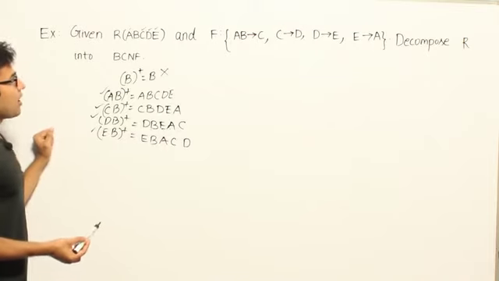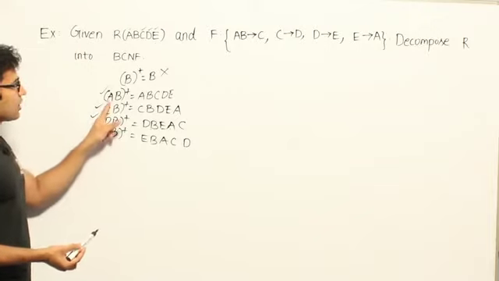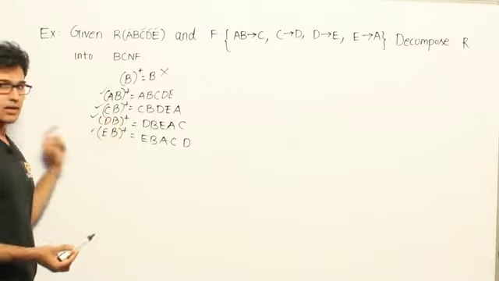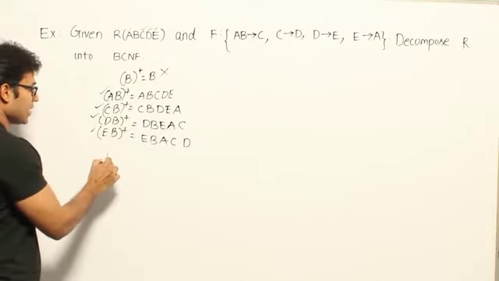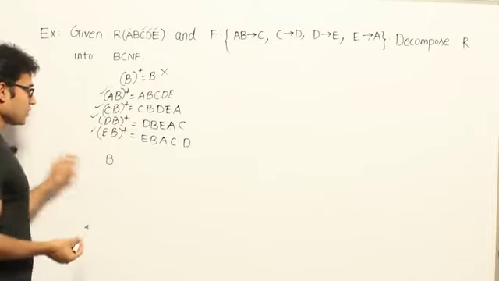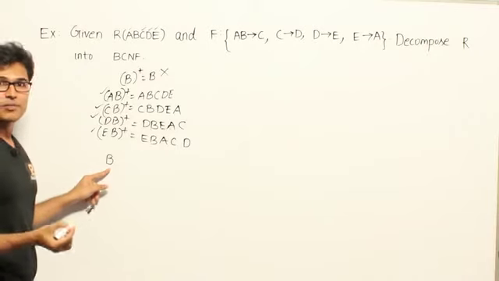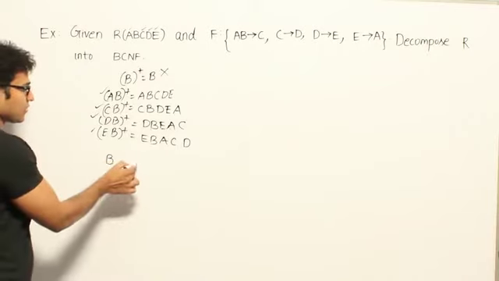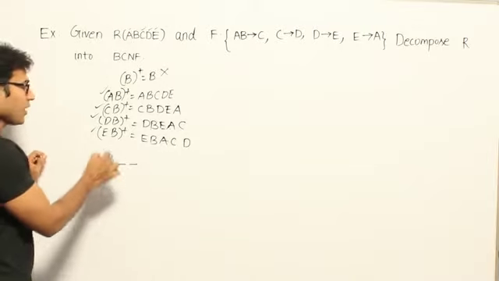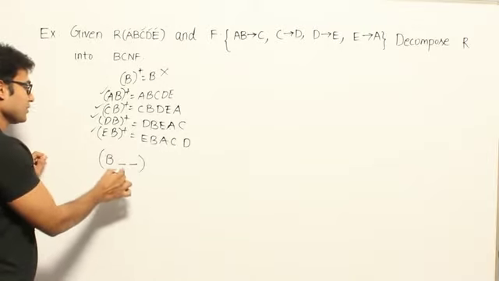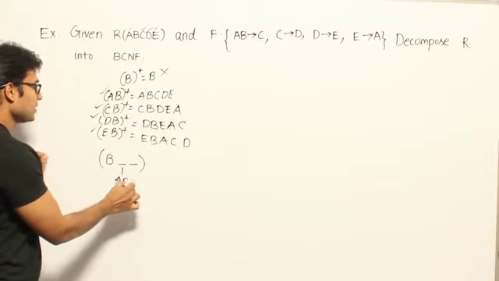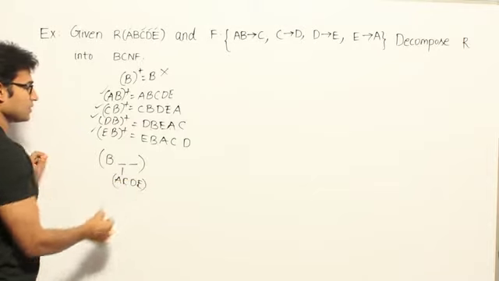Those 3 attributes should not contain either AB or CB or DB or EB, right? So I have to get 3 attribute candidate keys which should definitely contain B. Why? B is necessary to be present in any candidate key. Now I should get 2 more attributes, right? Now these 2 more attributes can be either A, C, D, E, isn't it?